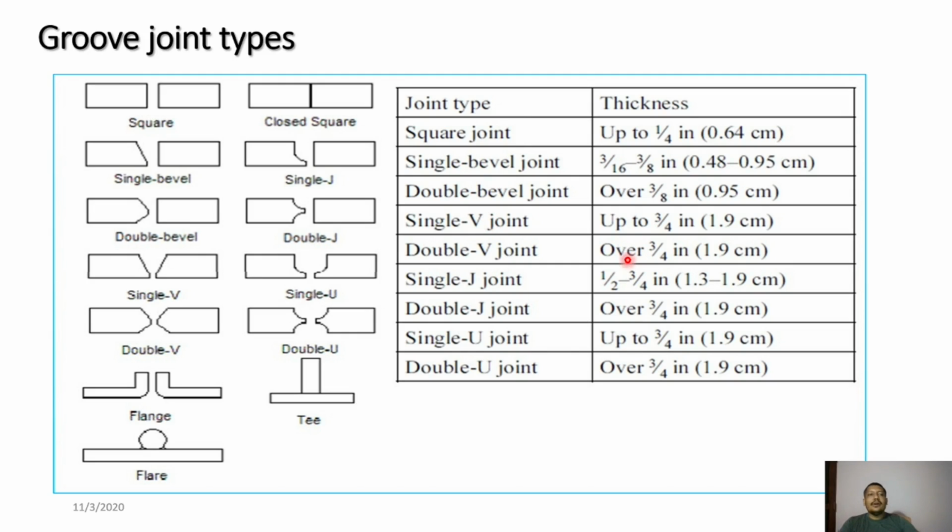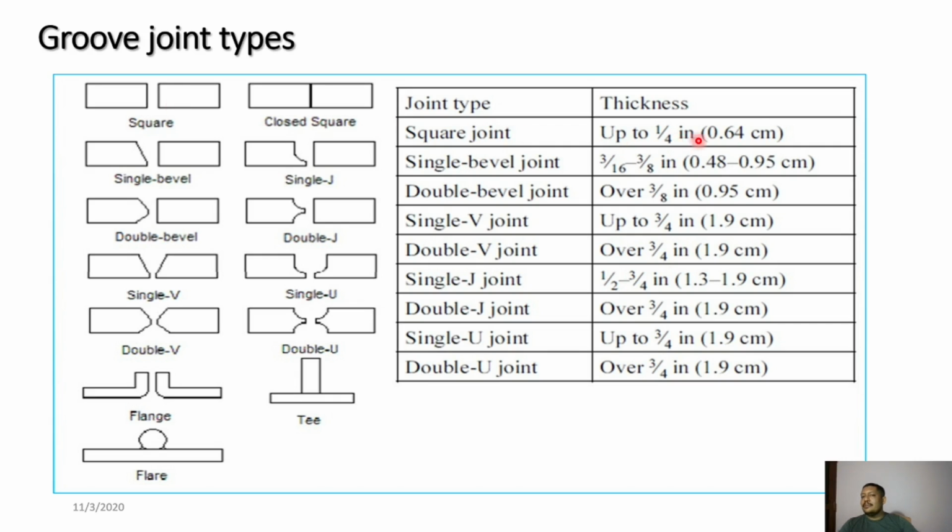You can see over here some of the grooves. The symbol for the base one is called square. Square grooves are used normally when the plate is less than 4 mm thick, so you don't need to make any edge preparation. You can go for square joints.